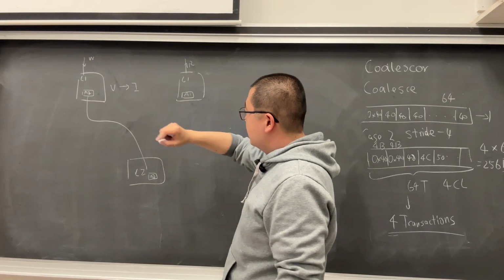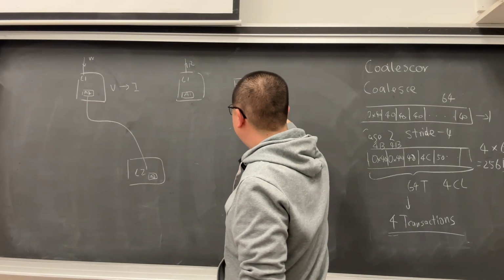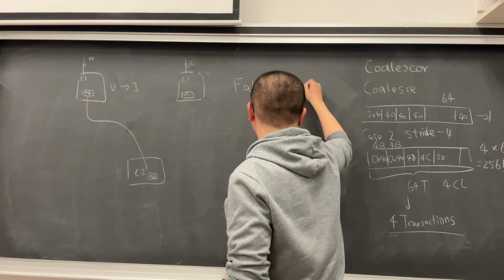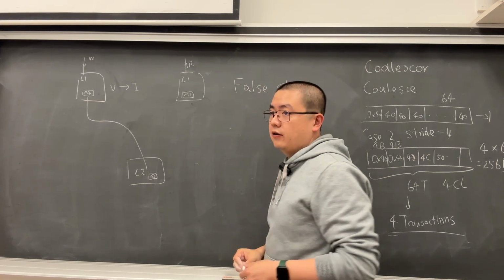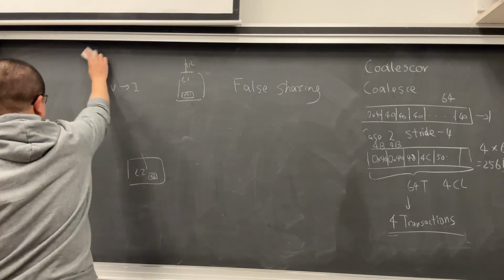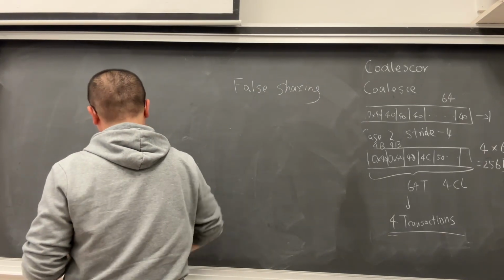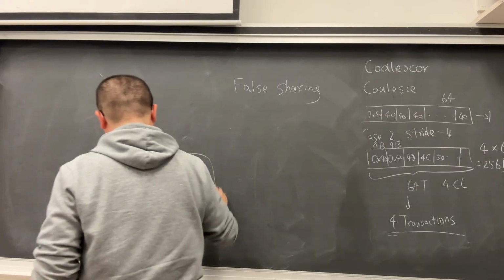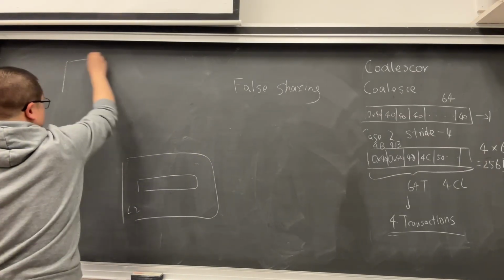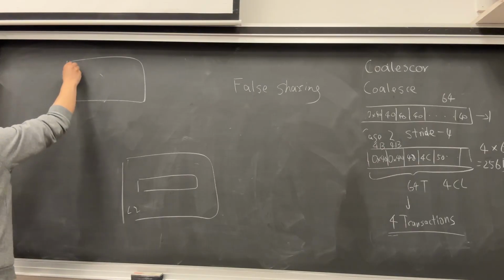It's a effect called false sharing. Okay, what is false sharing? False sharing is like this. This is the L2 cache. Then this is a cache line. This is an L1 cache.